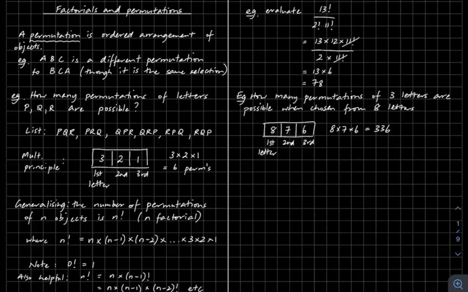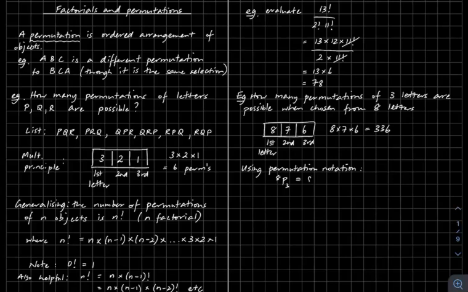Now what I'm going to do is use permutation notation here, and also try and generalize it a little bit. So using permutation notation, that problem would be expressed as 8P3. Okay, the number of permutations of 3 things chosen from 8 would be written as 8P3. And we could write this using factorials in the following way.